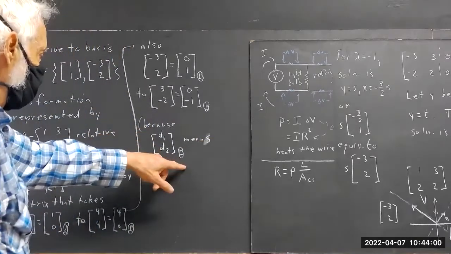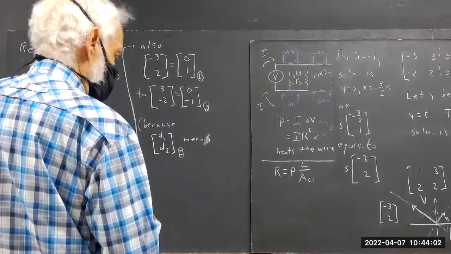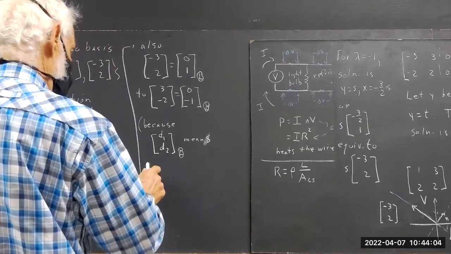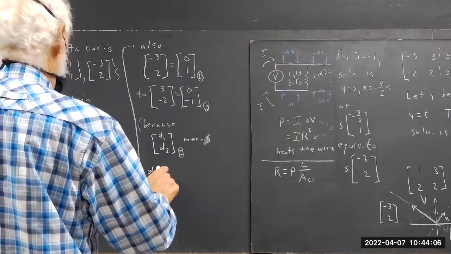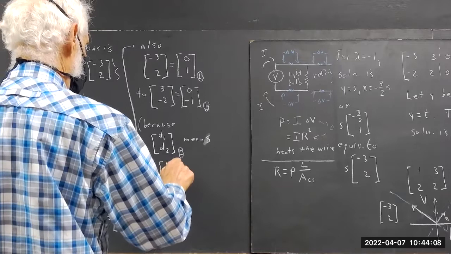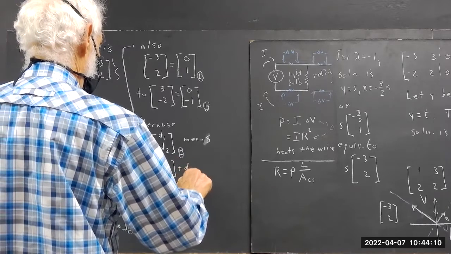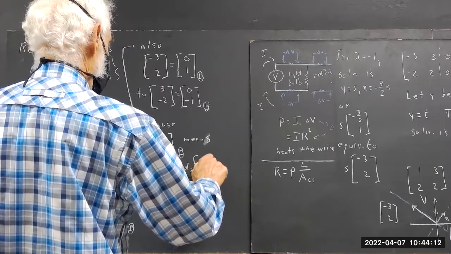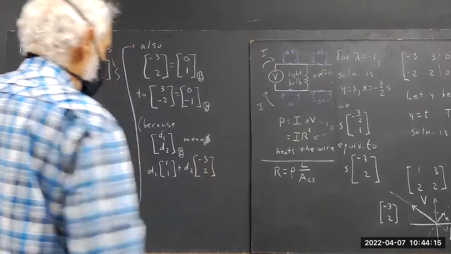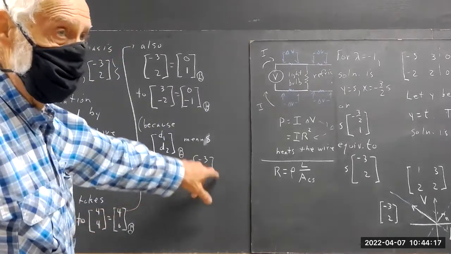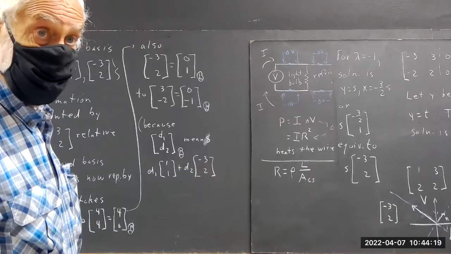What's D1, D2 relative to B? This means D1 times 1, 1 plus D2 times negative 3, 2, right?